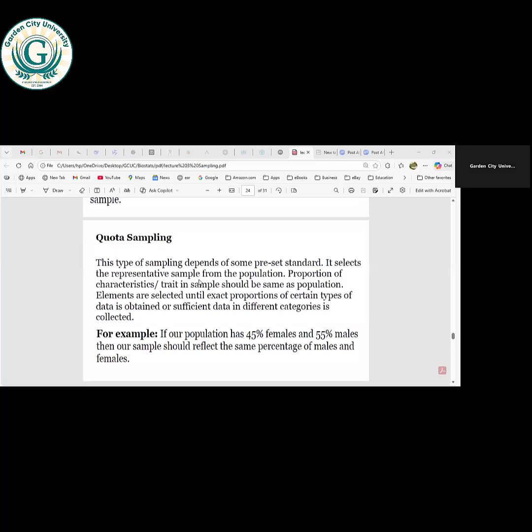We are all in the class, but because of the proportion, I'm going to say that this time around, I want about 90% of my sample to contain females and just 10% males. Or let's say the majority is coming from the females and the minority will come from the males.